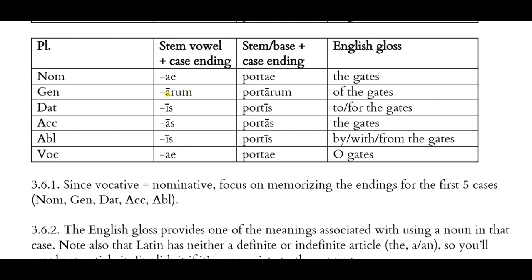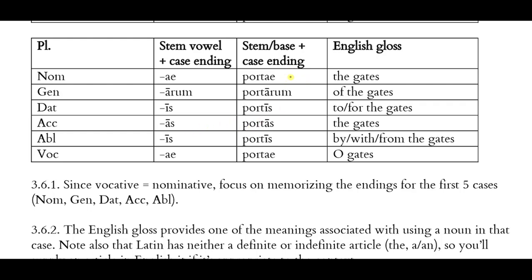Arum is the genitive. Again, we're getting the stem vowels here of the alpha. And for dative, we have is. It's the same as the ablative. This is going to be typical with our case endings. Dative and ablative are the same. And then accusative is as. So here the A is obscured from the vowel stem.